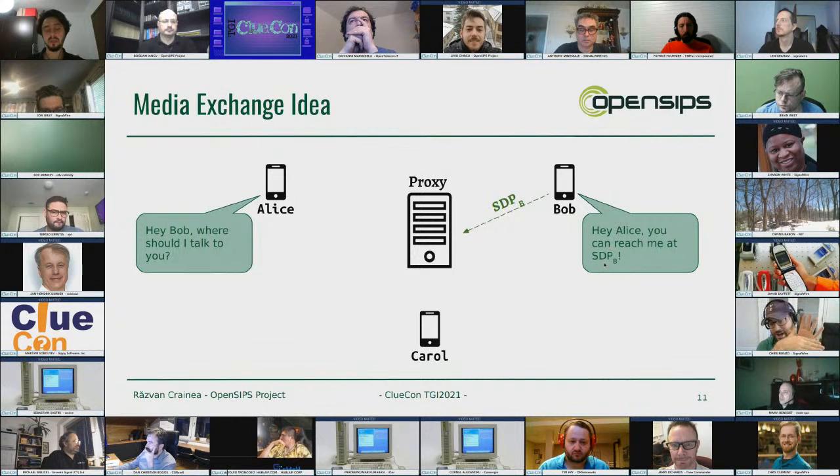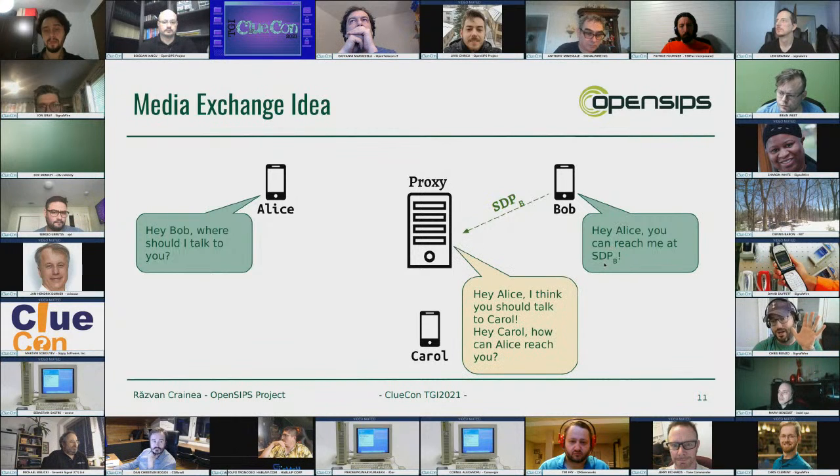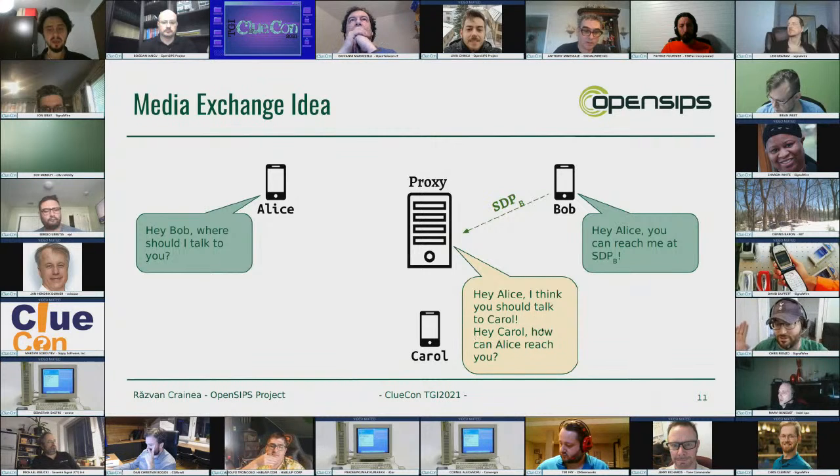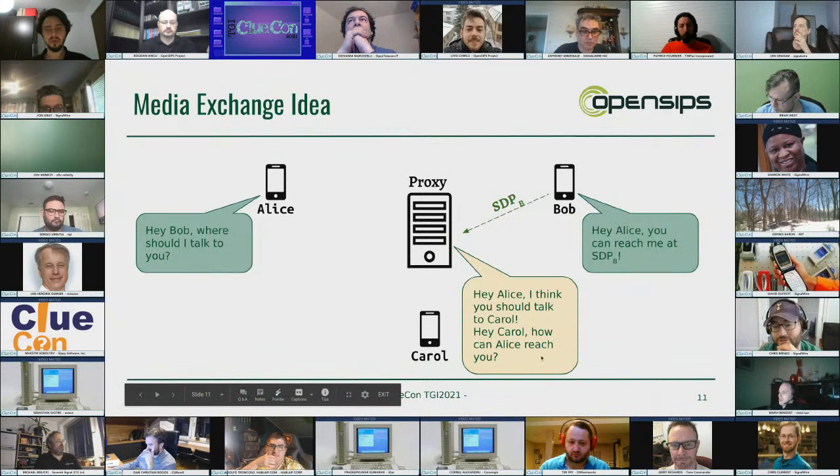Hey, Carol, how can Alice reach you?" So the proxy, instead of telling Alice to talk to Bob, will say, "Hey, Alice, talk to Carol." This way, the RTP flows between Alice and Carol, even though Alice thinks she talks to Bob.